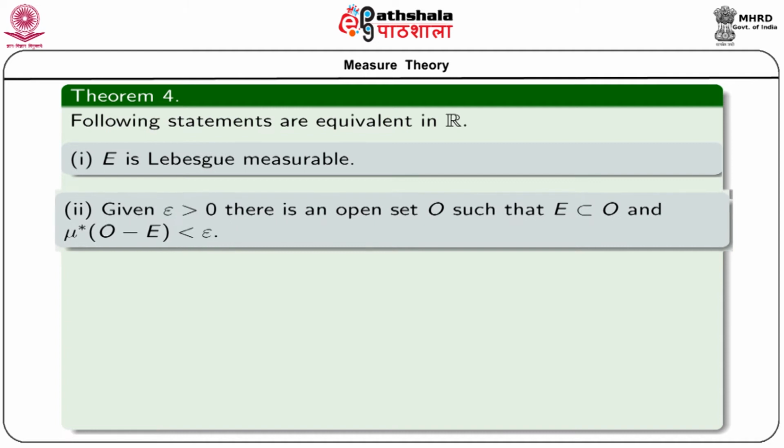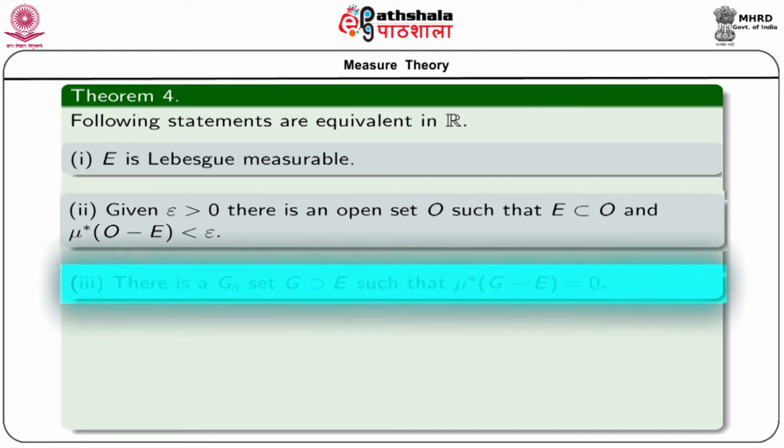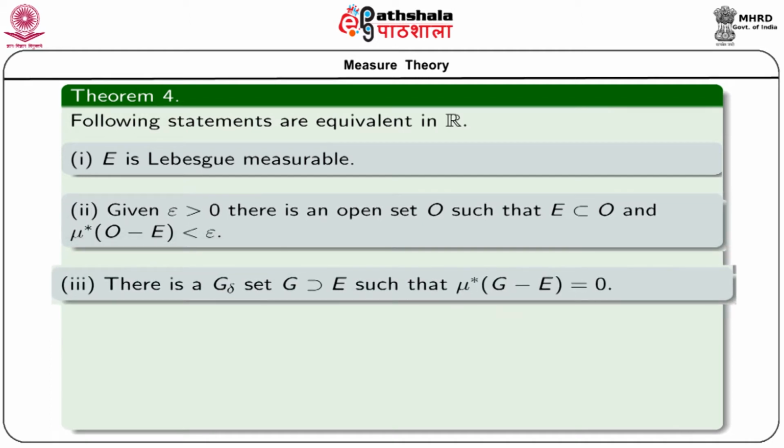Second, given any epsilon greater than 0, we can find an open set O such that E subset of O and mu star of O minus E is less than epsilon. Third, there is a G delta set G containing E such that mu star of G minus E equal to 0.